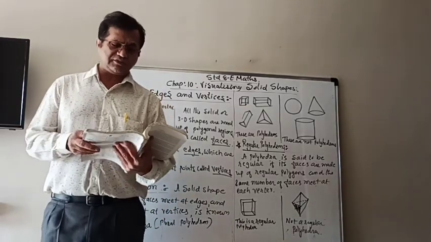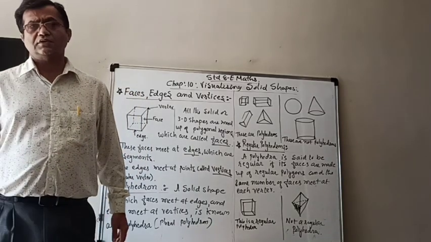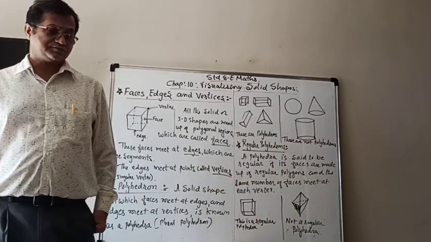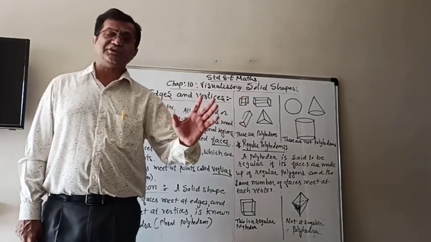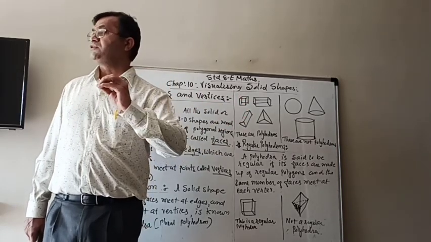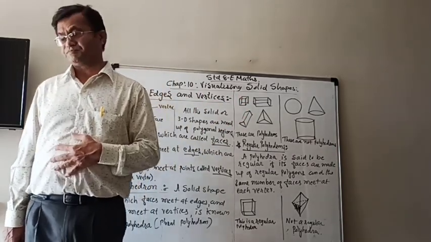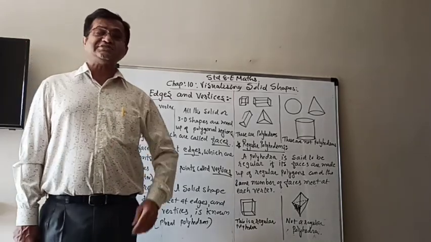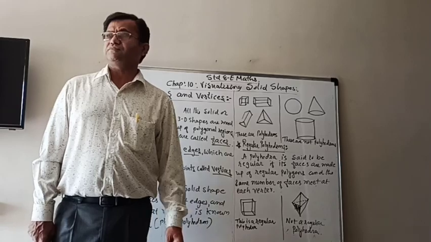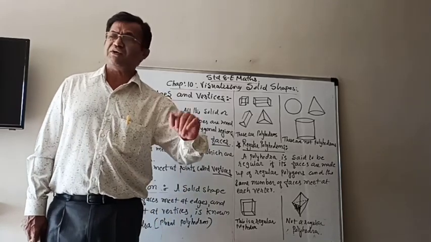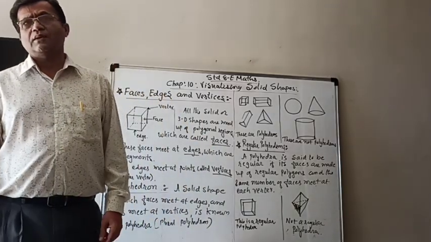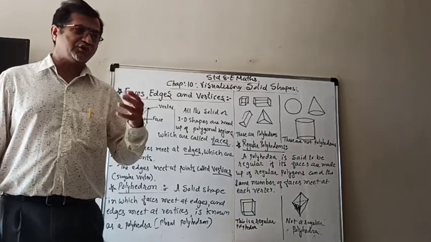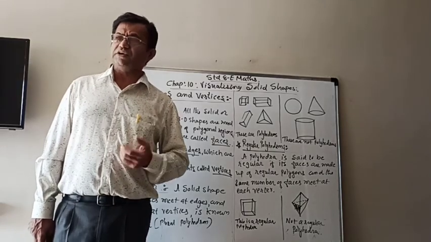Now in this chapter we saw that the solid shapes are different than the two-dimensional shapes. Two-dimensional shapes are easy to understand, easy to draw on the surface, and if you look from the different sides, it looks the same.